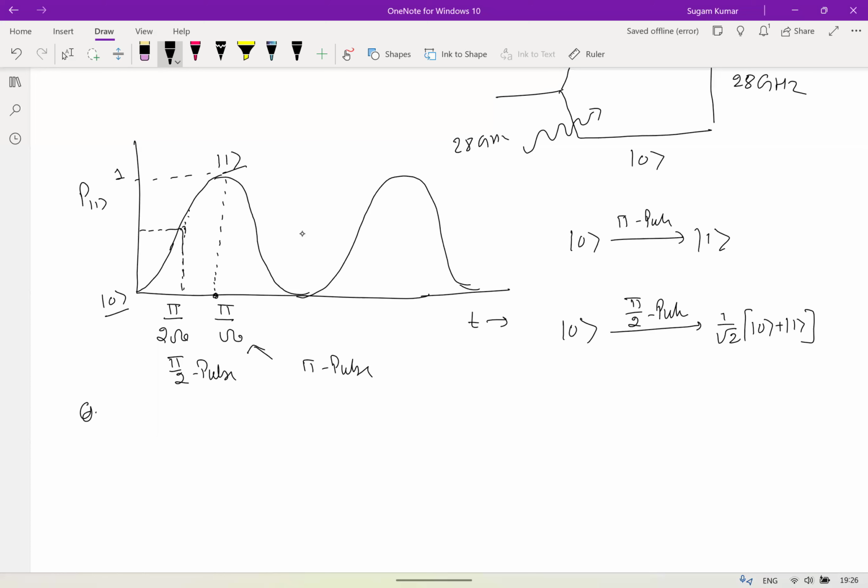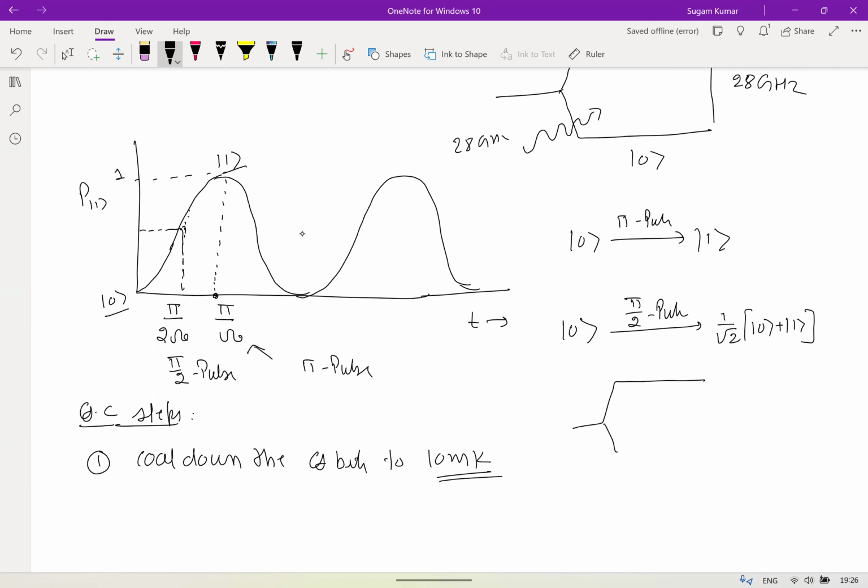So actually what happens is that, if I write down the steps now, in the quantum computing steps, the first step is to cool down the system or qubit to 10 millikelvin. Because at this temperature, generally I can tell you that if this is the separation of, let us say, 28 gigahertz, and correspondingly, if you find the temperature, then the temperature will be around 8 Kelvin.